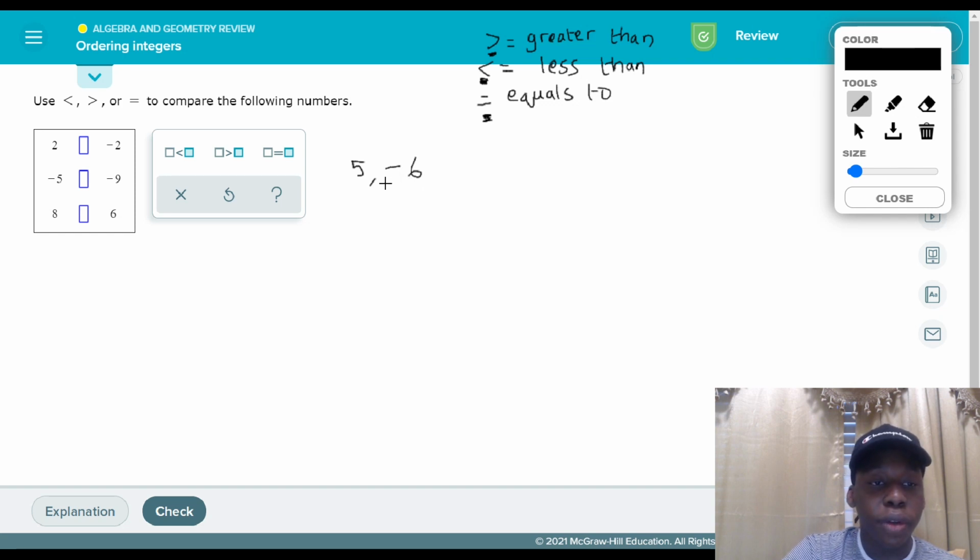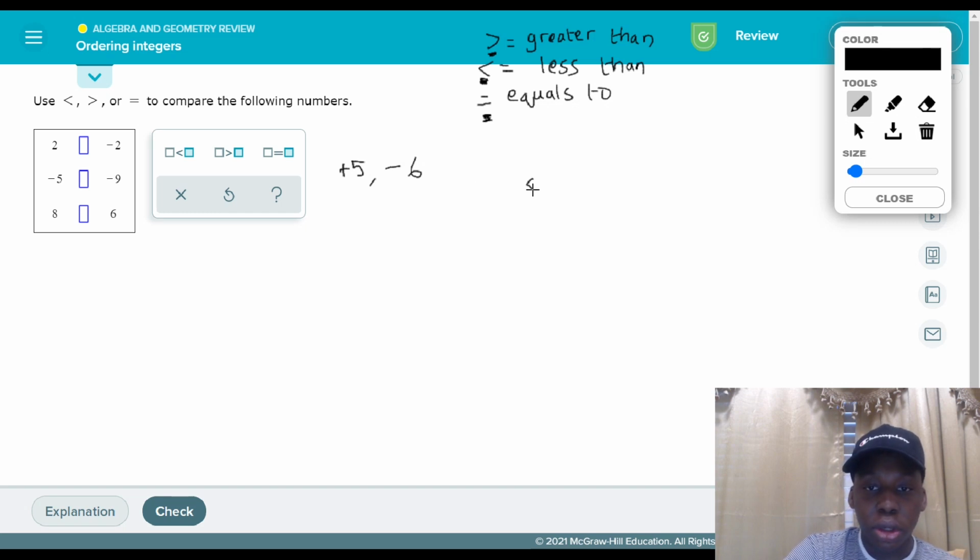So whenever you're dealing with problems like this, a positive number, or one without a negative sign in front of it, is automatically bigger than any negative number. So all positive numbers are bigger than all negative numbers, and if you compare a positive and a negative number, the positive is going to be greater.